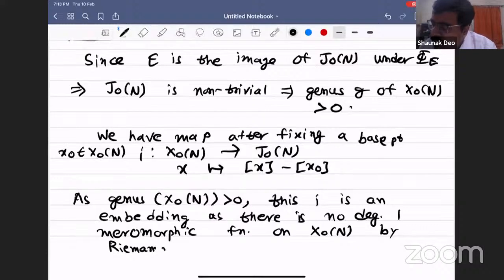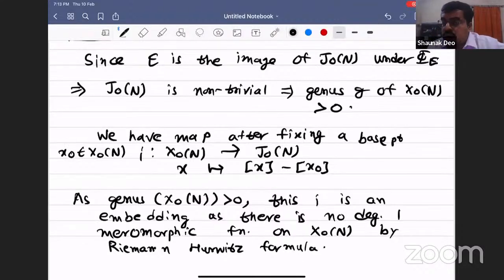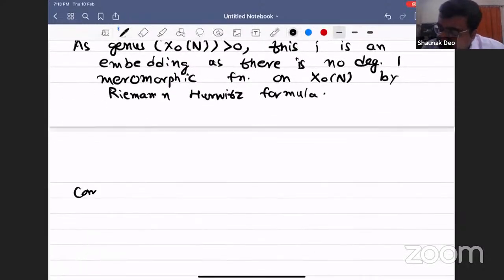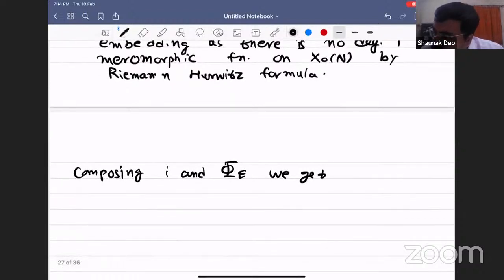So basically now what has happened is that we have an embedding of X naught of n in the Jacobian, and we have a map from the Jacobian to E. So composing this embedding I and this map phi E, we get a map F_E from X naught of n to E.